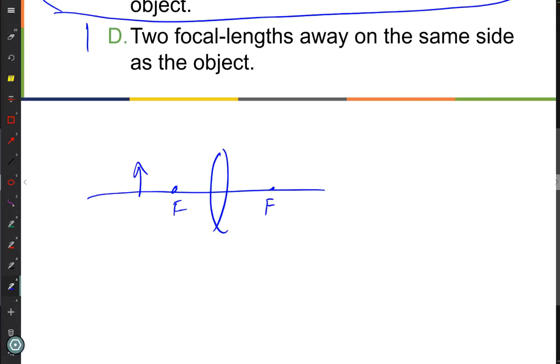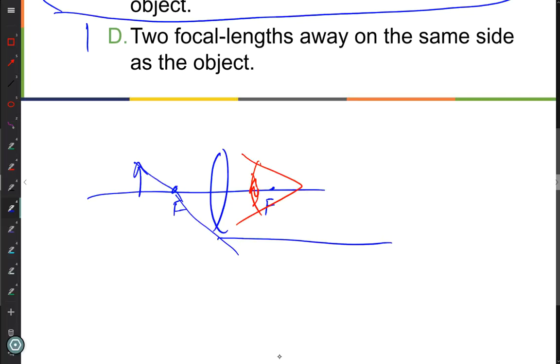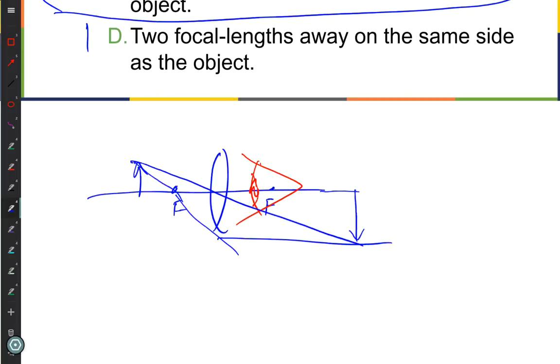That's not going to be a very useful eyepiece. If you put your eye up here, and the image is formed out here, well, you can't focus on that. You can't see that. So that would not work for you.